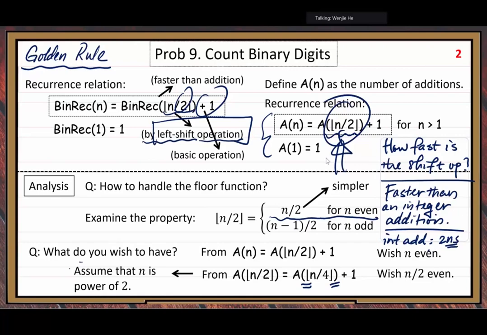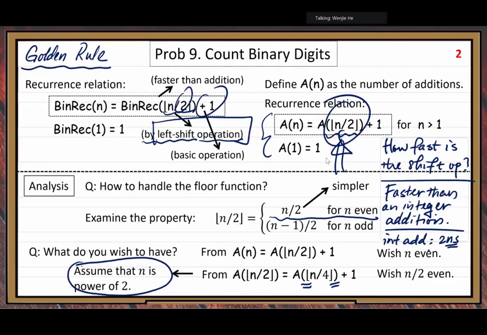The best thing we can get is when n is a power of 2, then all the floor functions are gone, right? Because with division by 2 everywhere, there is no fractional part, only integer parts.